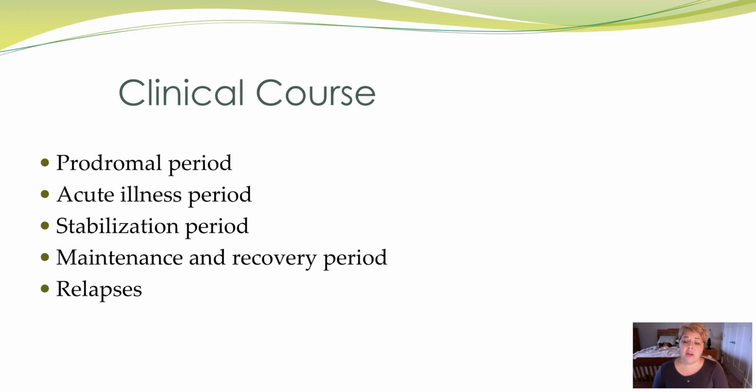I want you to be thinking about the clinical course of schizophrenia. When we think about a client who has been diagnosed with schizophrenia, typically in the early stage, people will say that when they were a child or early adolescent, they were just different. There was something quirky about them. That's considered the prodromal period. There's a sense that something is different, but there are no acute symptoms.